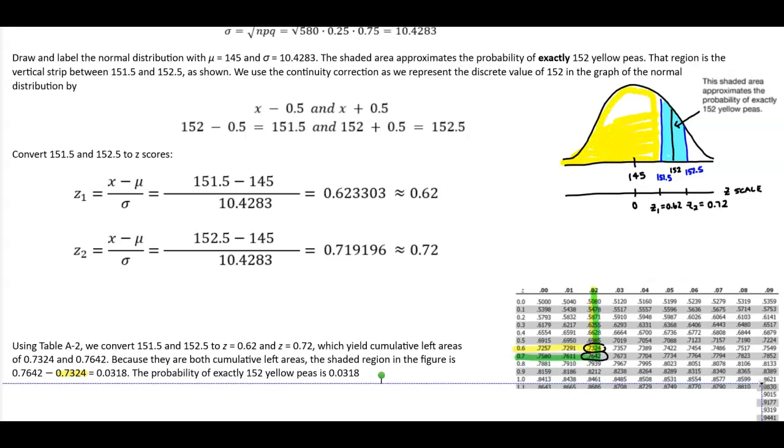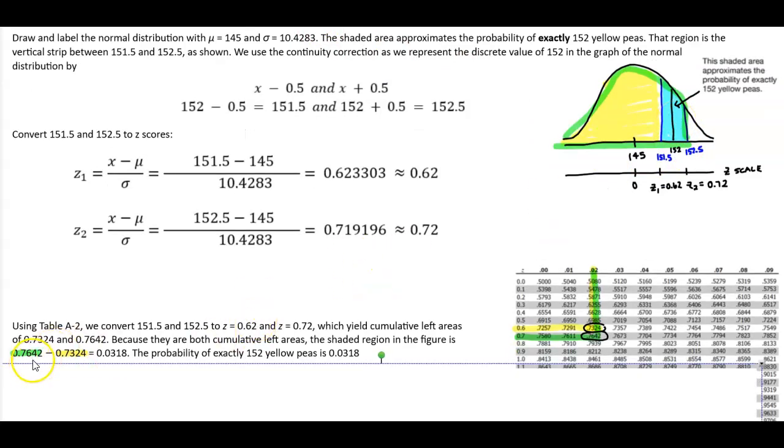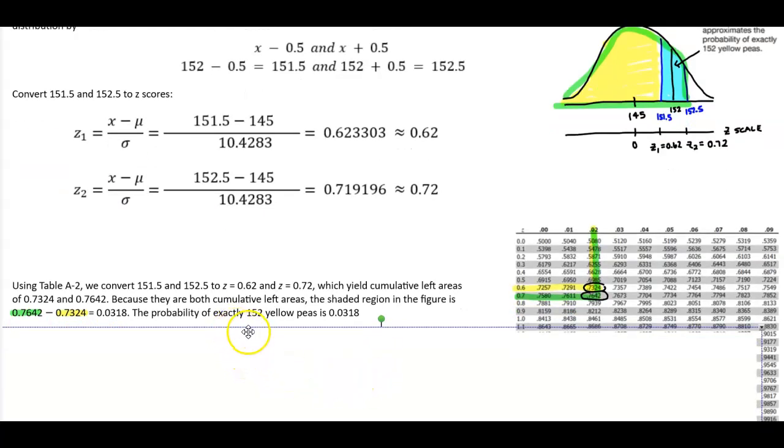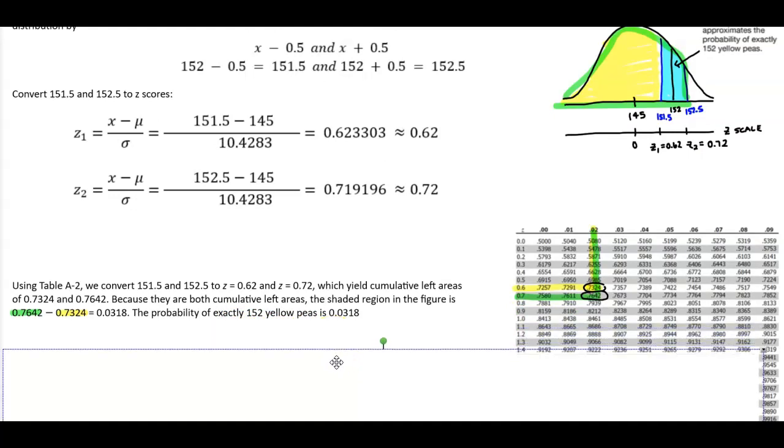We want to subtract that from the area to the left of 0.72, and that will give us the area that we want to find. If we take 0.7642 and subtract 0.7324, it gives us 0.0318. Therefore, the probability of exactly 152 yellow peas is 0.0318.